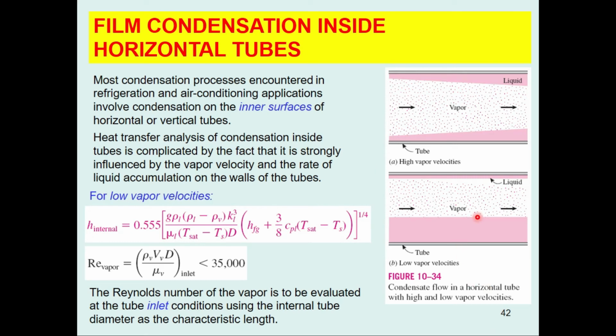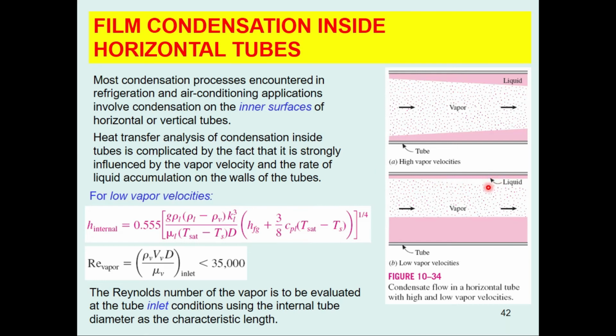If the vapor velocity is very high, there is a probability that the vapors will make a flow channel in the middle of the tube and the liquid will flow along the sides. If the vapors have very low velocities, the vapors will move on the upper side and the liquid will move on the lower side, with only a very small liquid film on the upper side of the tube wall.